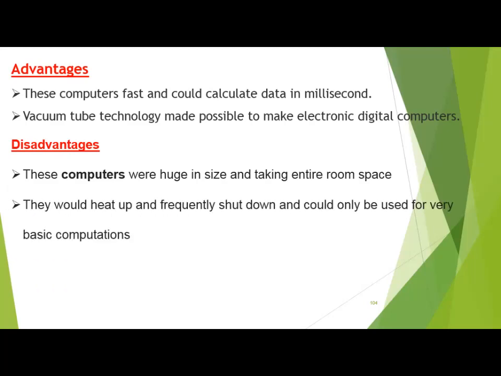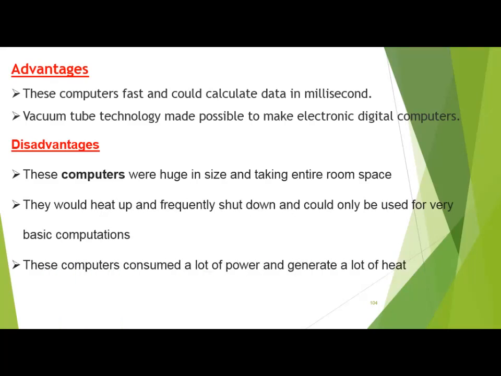They would heat up and frequently shut down and could only be used for very basic computations. Due to heat, the vacuum tubes got fused. These are basically the demerits of the vacuum tube which were faced in first generation computers. These computers consumed a lot of power and generated a lot of heat. That is why these computers required a large cooling system.